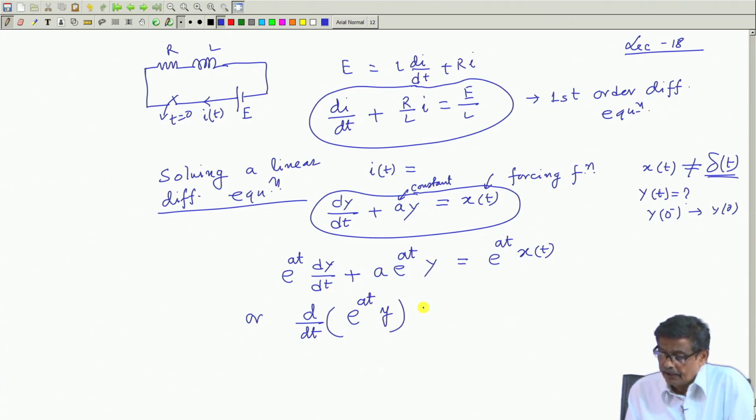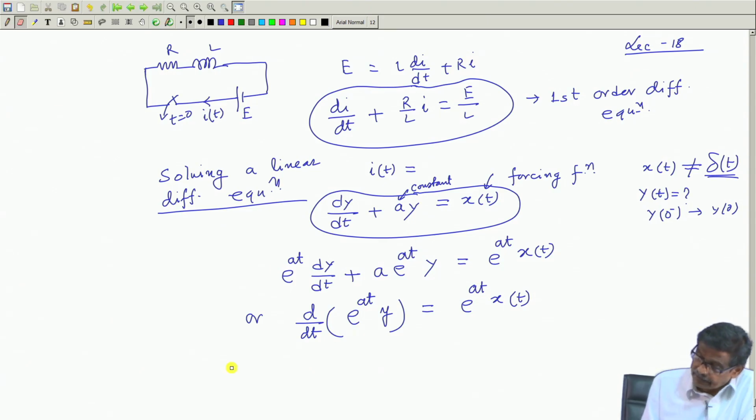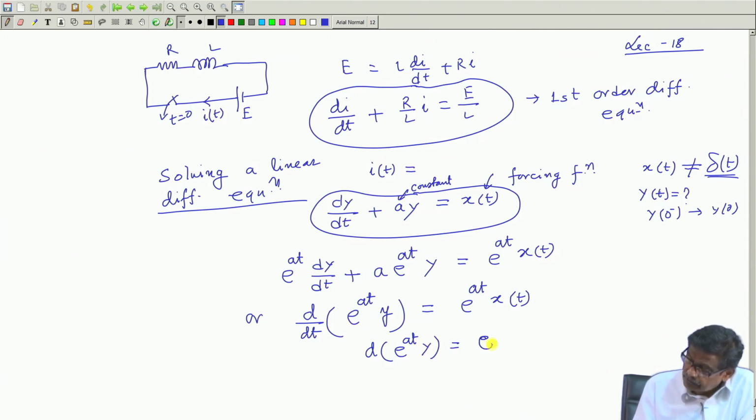Now, bring the dt to this side, so that d(e^(at) y) is equal to e^(at) x(t) dt. This is the thing.